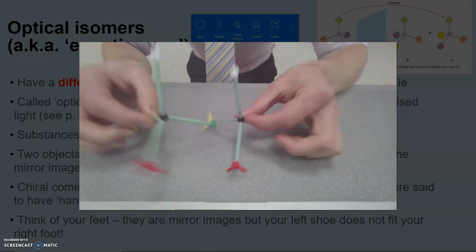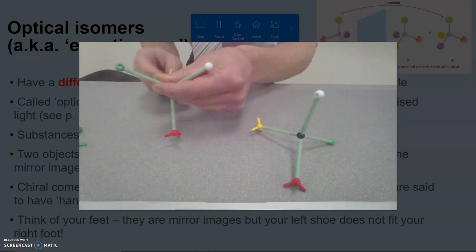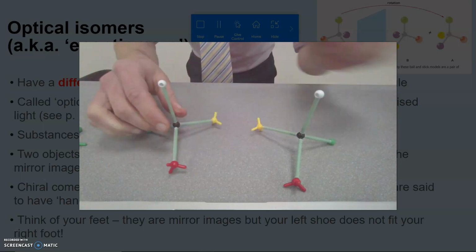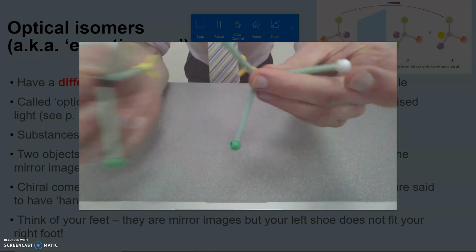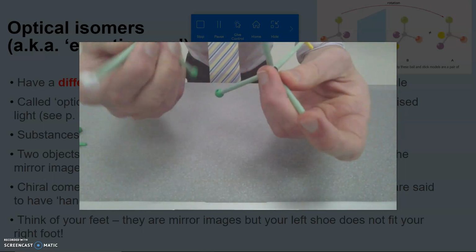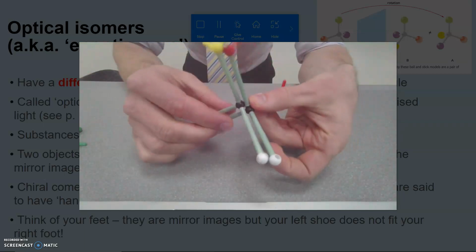If I swap two of those positions, there's no way I can rotate this such that I get the same molecule. Let's line up the green and the white. Again, non-superimposable.